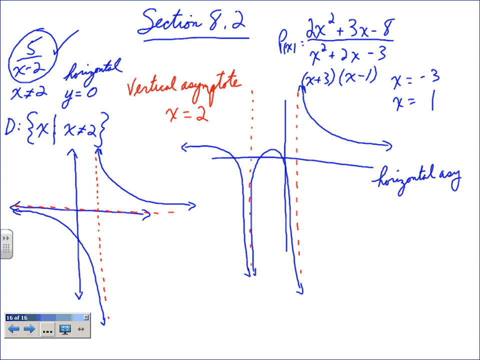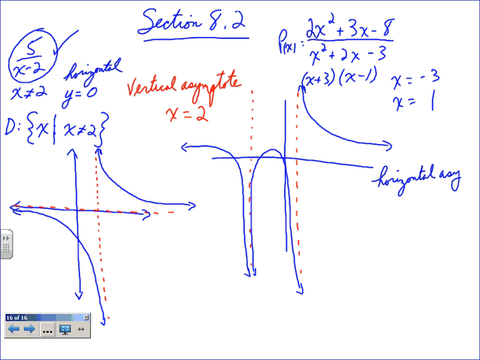If the degree is less on top, y equals 0 is your horizontal. Now, I will tell you, for a horizontal asymptote, that drawing is going to approach that at some point, but it can cross a horizontal asymptote. There are cases where it can cross a horizontal asymptote. Never vertical, but it could cross a horizontal one.